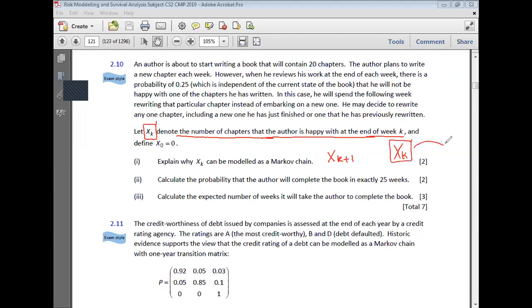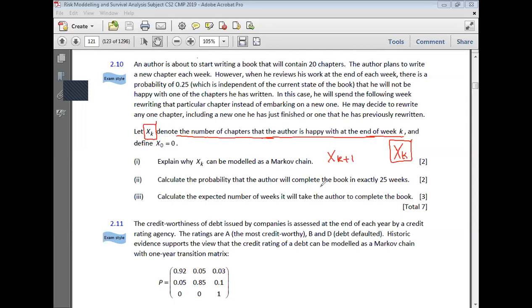So what I will show is that xk depends only on xk minus 1. But again, this is not going to make the examiner cut your marks, because k plus 1 is just another placeholder for k. So you can still do the same thing for xk plus 1 and xk. So let's just do it for this for now.